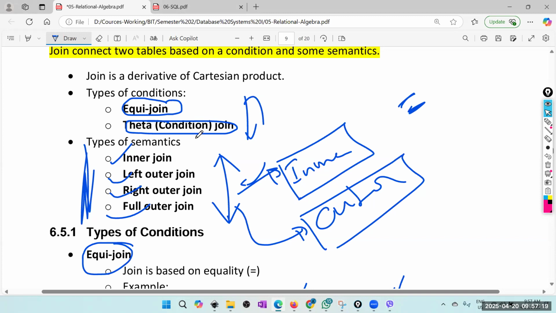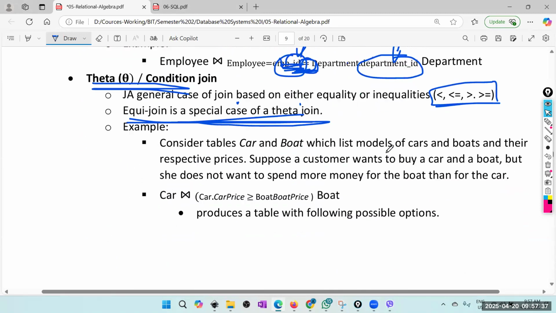In theta join, it can be equality or comparison: greater than, greater than or equal, less than, less than or equal. So theta join is the general concept. Equijoin is a special case of theta join. And natural join means you join based on the common field, the field having the common name. And it can again be any of those joins.